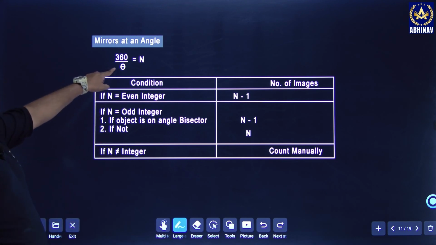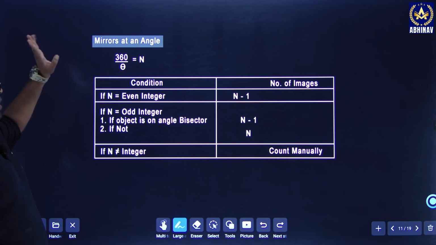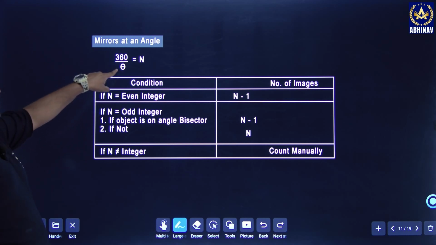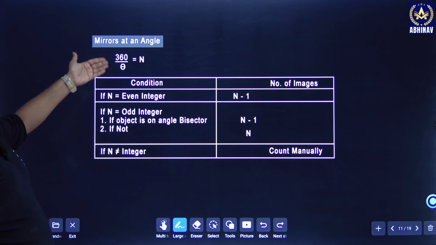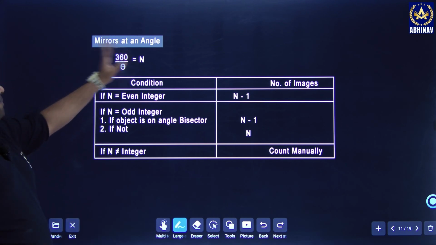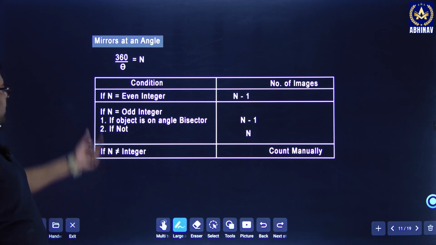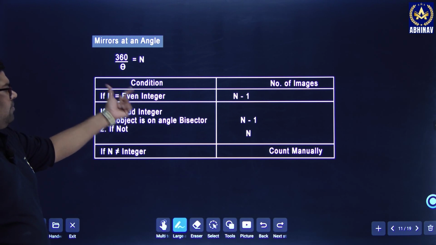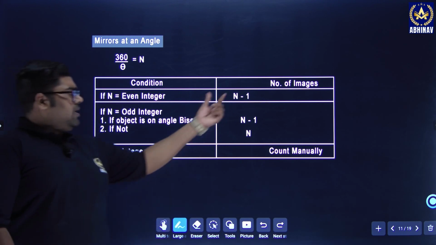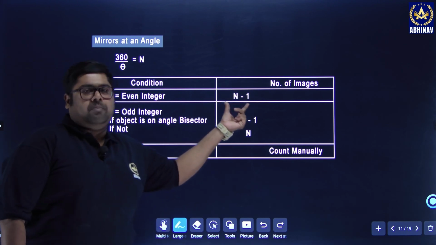Whatever the given angle is between your two plane mirrors, that is angle theta. You divide 360 by the given angle, and you will get capital N. Now you need to check if N is an even integer; then the number of images formed will always be N minus 1.